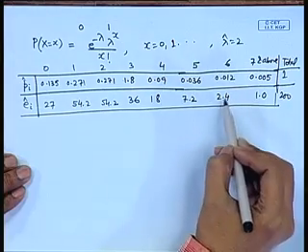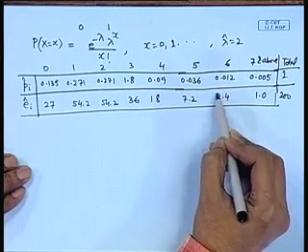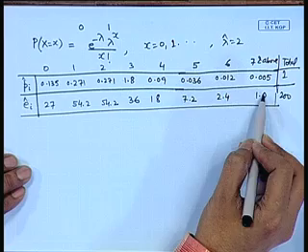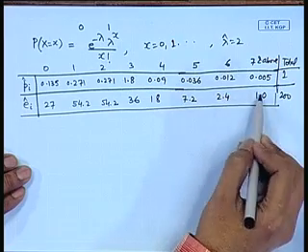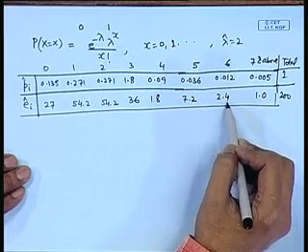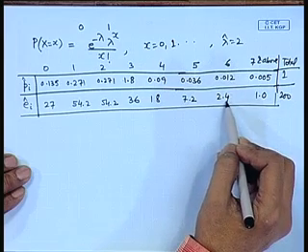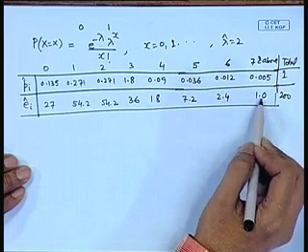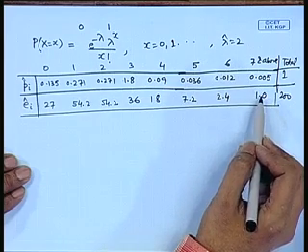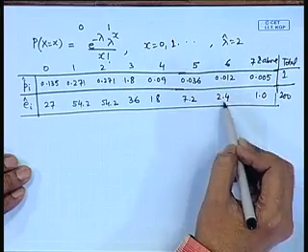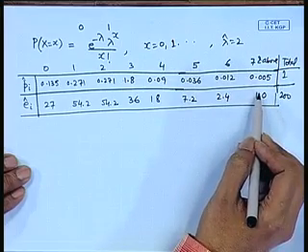Now, you note here the cell frequency of 6th and 7th, 6 and 7 and above, these are much below 5. In fact, even if we merge these two cells, the expected frequency will be only 3.4. So, then this will not allow us to use the chi-square approximation here.